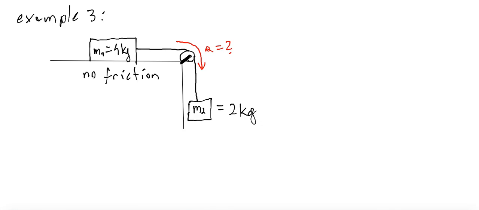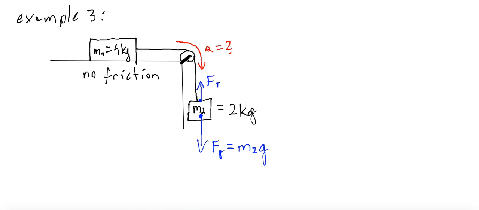Okay, so let's look how to solve it. Mass m2 experiences a force, of course the gravitational force, which is equal to m2 times g, and it can be calculated. But it's stopped by a tension of the string.